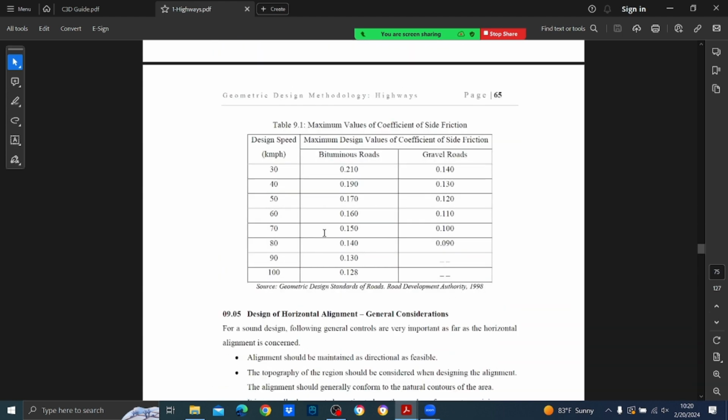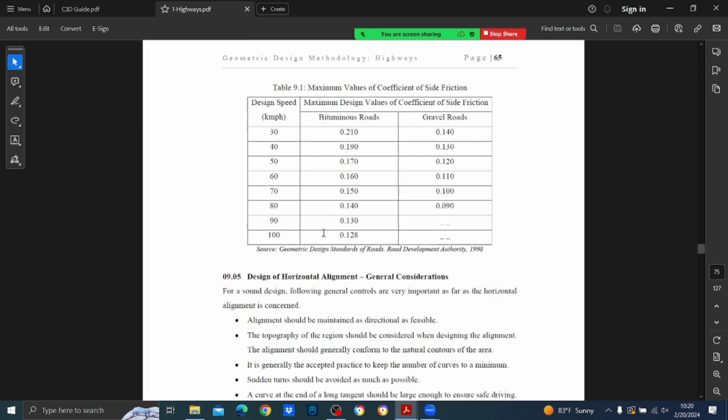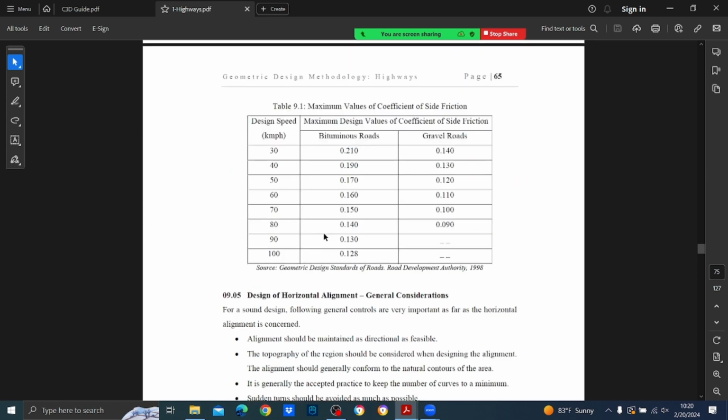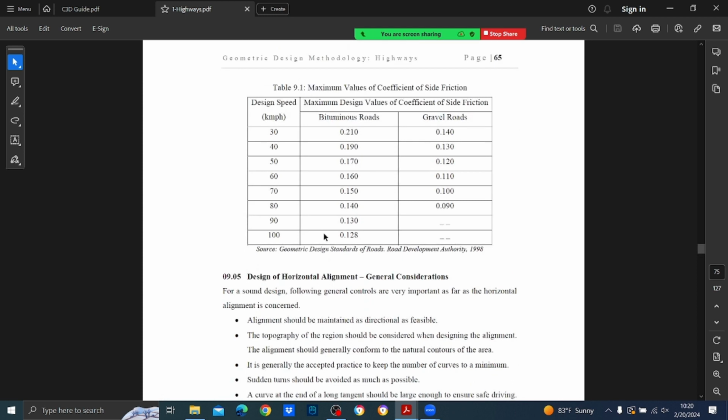Side friction factors, of course, you have to get through research. Unfortunately we haven't done these researches. So what we are using is the Australian standards.